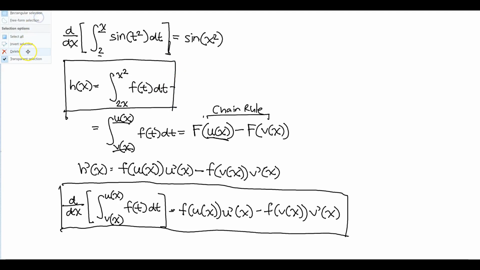So let us consider the function g of x equals the definite integral from x squared to pi of sine of the square root of t plus 7 dt.